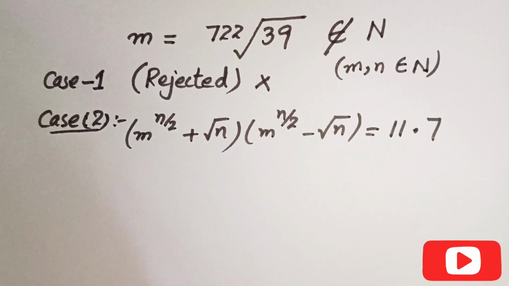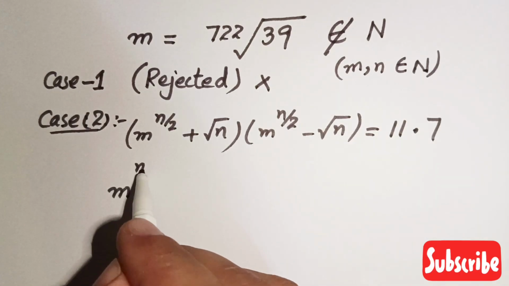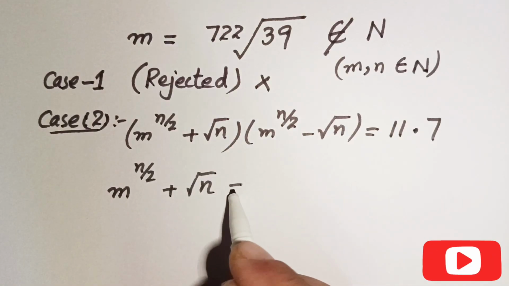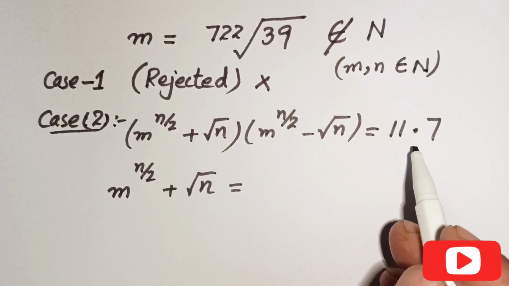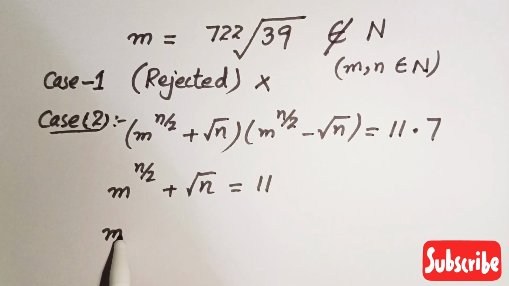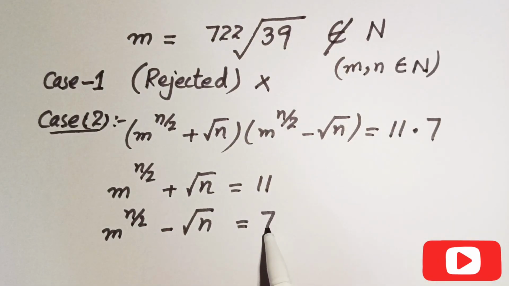So now by system of equations, this first factor, which is greater, m to the power n over 2 plus square root of n, will be equal to the greater factor of 77, which is 11 here. Similarly this smaller factor, m to the power n over 2 minus square root of n, will be equal to the smaller factor of 77, which is 7.